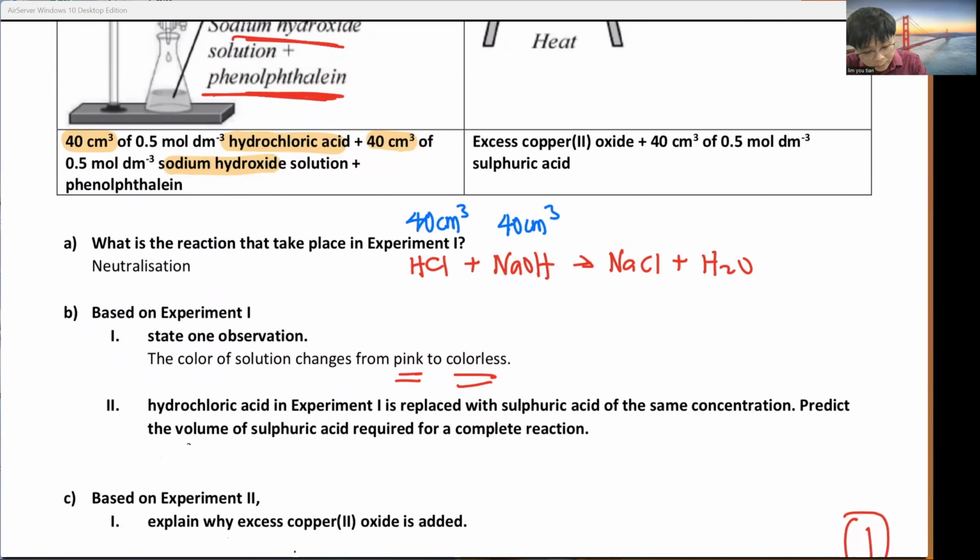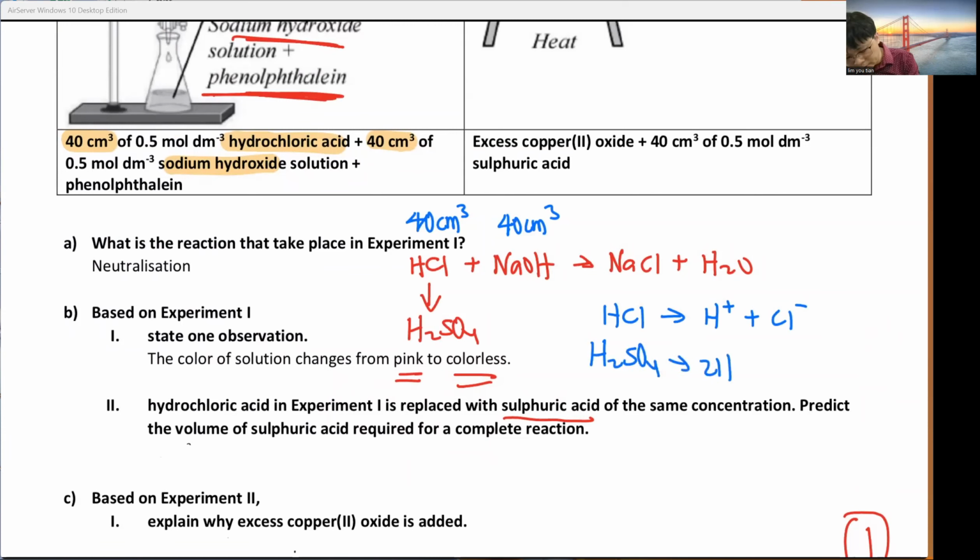So what happened now? They change this one to sulfuric acid. Sulfuric acid is a stronger acid. Why? Because hydrochloric acid only has 1 H+, while sulfuric acid is able to produce 2 H+.